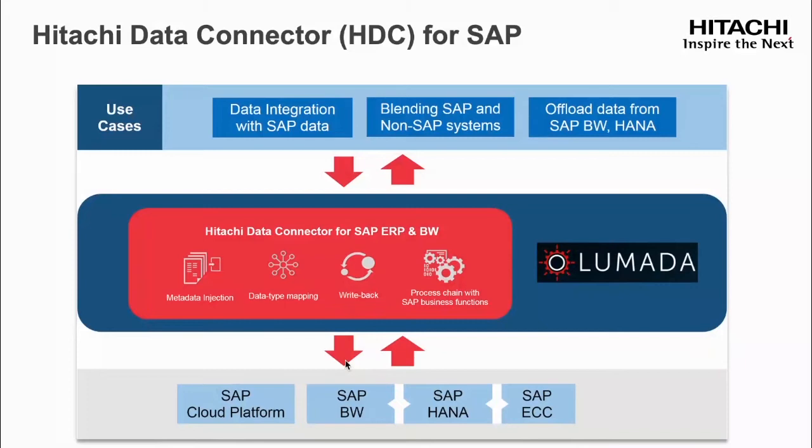Then, as mentioned before, we can easily blend SAP and non-SAP data, and we can also offload data from SAP to big data stores or to cloud systems. And this is where we have some special features to do some high performance offloads with Pentaho and the Hitachi Data Connector for SAP.